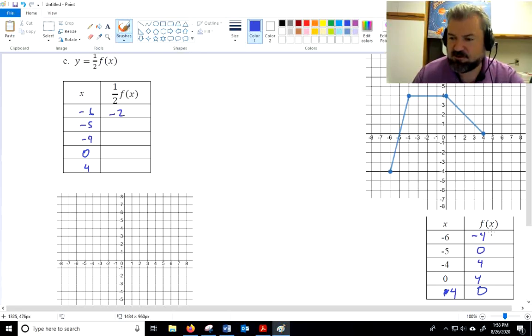So -4 divided by 2, 0 divided by 2, 4 divided by 2, 4 divided by 2, 0 divided by 2. So I end up with negative 6 goes to negative 2, negative 5 goes to positive. Oh, oops, that's wrong. What did negative 5 go to? 0 divided by 2 is 0. There we go. Negative 5 went to 0. Negative 4 went to 2. Then 0 goes to 2. And then 4 goes to 0.